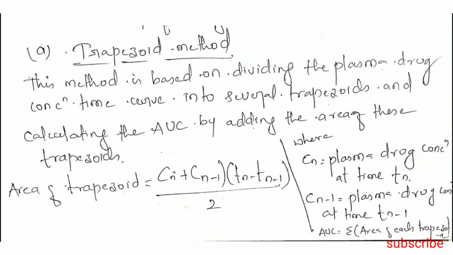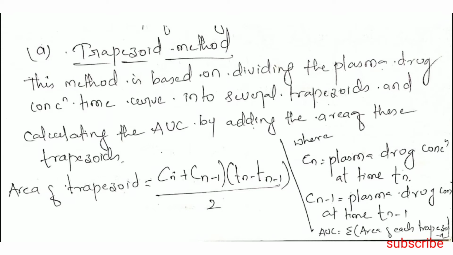First one, trapezoid method. This method is based on dividing the plasma drug concentration time curve into several trapezoids and calculating the AUC by adding the areas of these trapezoids.